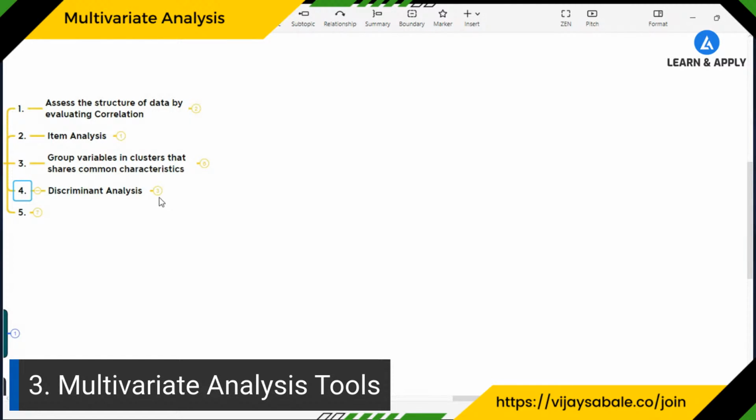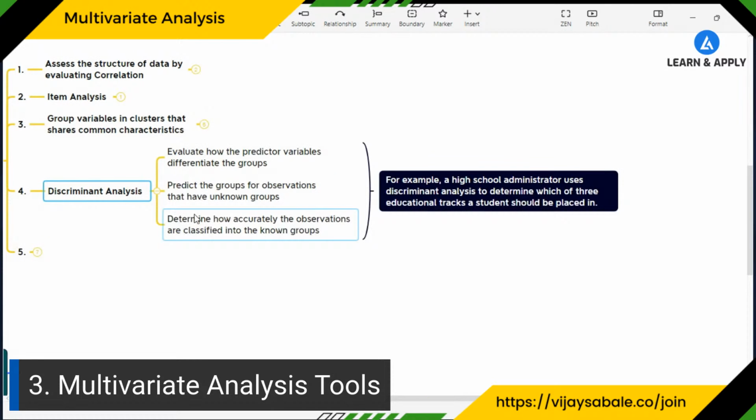Discriminant analysis is a very powerful tool that we can use in such situations. Now, what are these situations? For example, to evaluate how the predictor variables differentiate the groups. Let's say we want to talk about the defectives and non-defectives, right? So how can we define whether a particular product or service is defective or not? In that case, we are going to use the discriminant analysis.